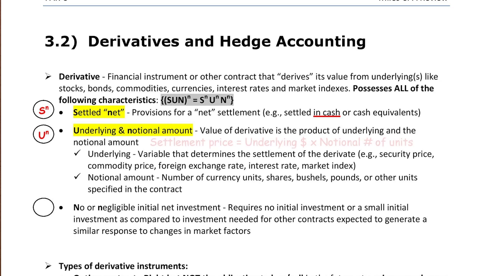Right there, settlement price equals underlying dollars multiplied by notional number of units. So underline underlying and right there strike dollars. Underline notional amount and write the number of units.